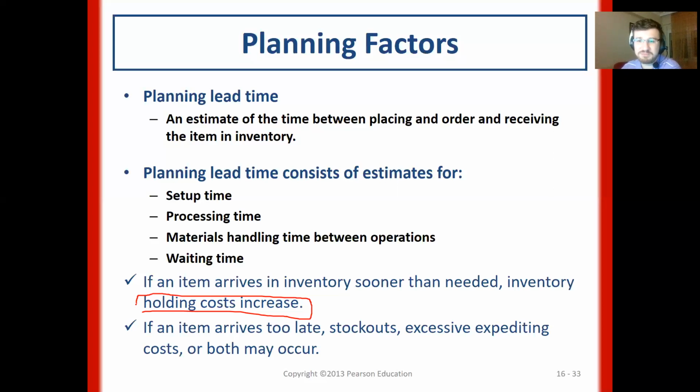Then we may have to put them in some other places, and then material handling costs might increase as well, okay? If an item arrives too late, this is not wanted, okay? Because we may have to stop our production, right? And if it arrives too late, then we face stockouts. Then we cannot feed our production, and the production should be stopped.